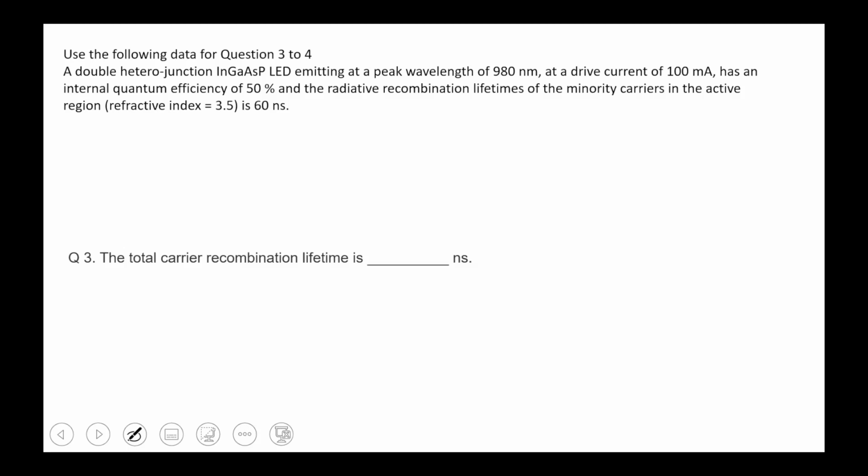So please calculate. 30 nanoseconds. 30 nanosecond. Okay, 30. Anyone else?